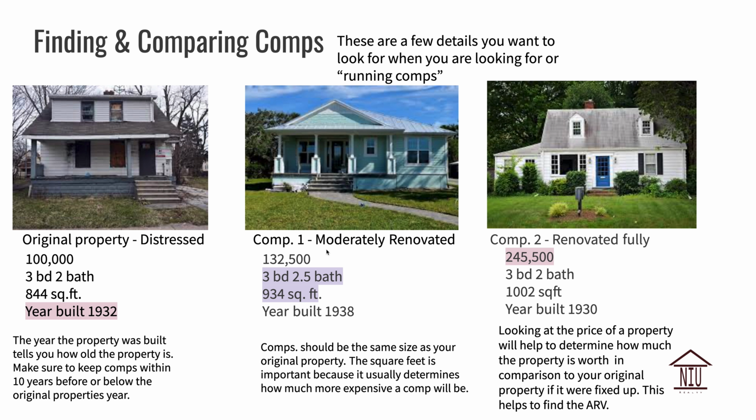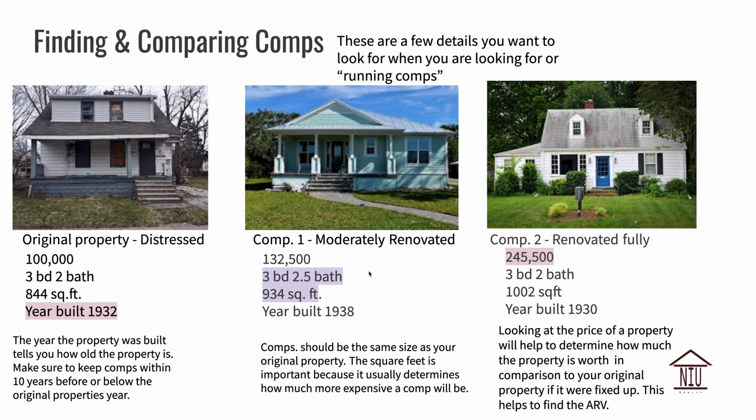This is the first comp, or first comparable. It's moderately renovated. It's a little bit more, and it's 3-bed, 2.5-bath, 934 square feet. Usually you'll want to stick within the 3-bed, 2-bath range, considering that your original property was a 3-bed, 2-bath.